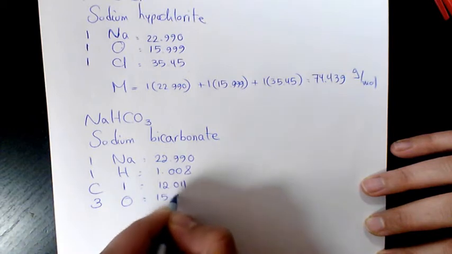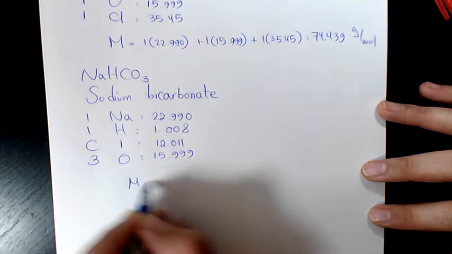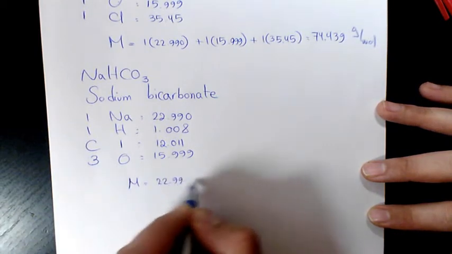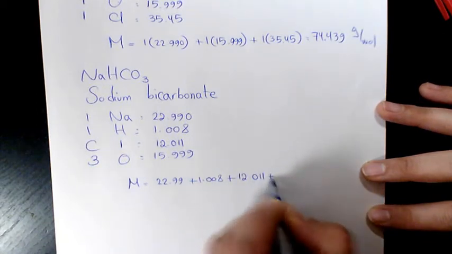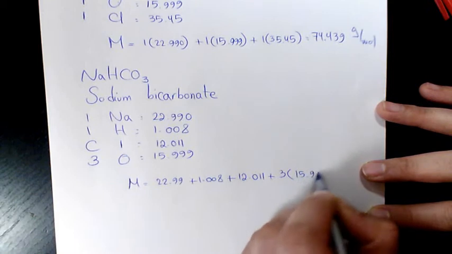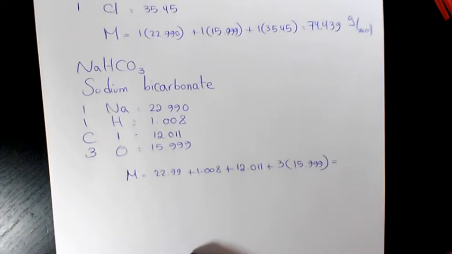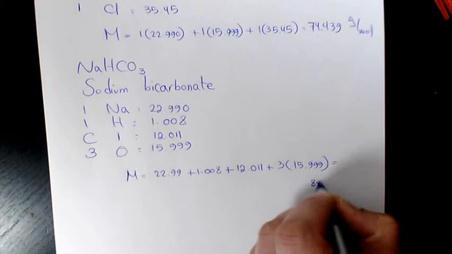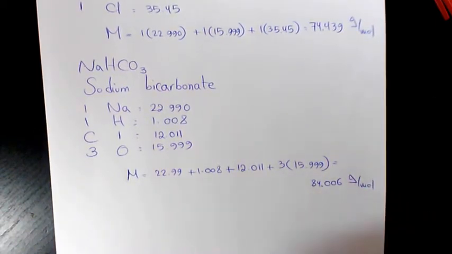Oxygen is 15.999. So we have M equals 1 times 22.99 plus 1.008 plus 12.011 plus 3 times 15.999. That's gonna give me 84.006 grams per mole.